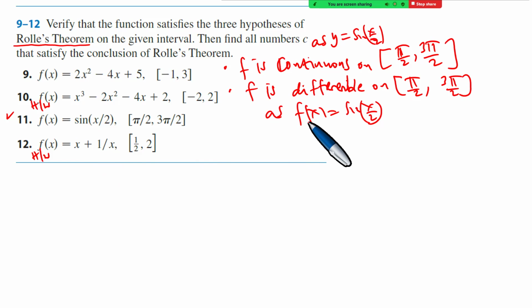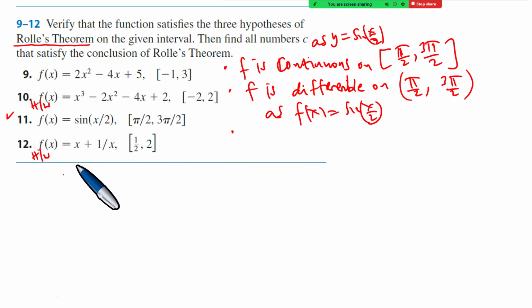This one is differentiable because if you find the derivative of sine, it's cosine. The derivative of cosine is minus sine, etc. It's differentiable on the open interval, so it must be open for differentiability. We're good.